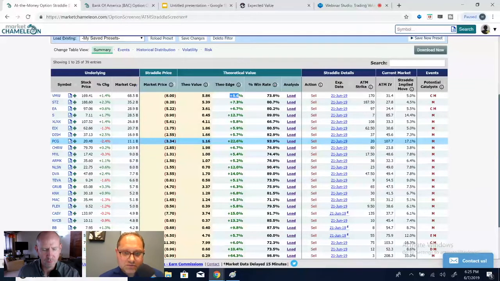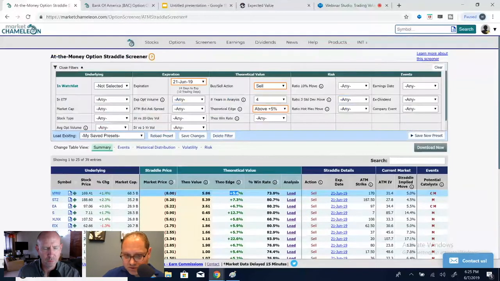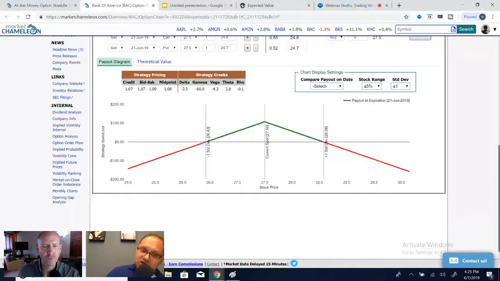But we'll talk about selling options and how to price risk, because this is what you're faced with. When you buy an option, when you buy a straddle, your risk ahead of time is what you paid for it. When you're selling it, you don't know your risk ahead of time. To the downside, you kind of know your risk because the stock can't go below zero.